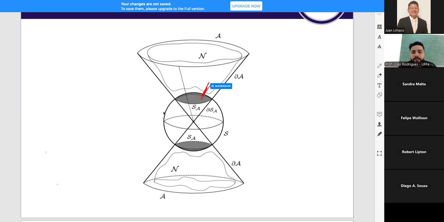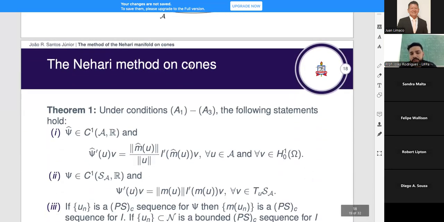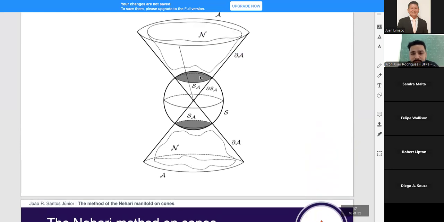But here we have some technical difficulties because the new C1 manifold, which is homeomorphic to the Nehari set, is not a complete manifold like the unit sphere of the space. And in the applications, when we consider a minimizing sequence in this C1 manifold for the functional I, we have to take care about the boundary of the manifold.